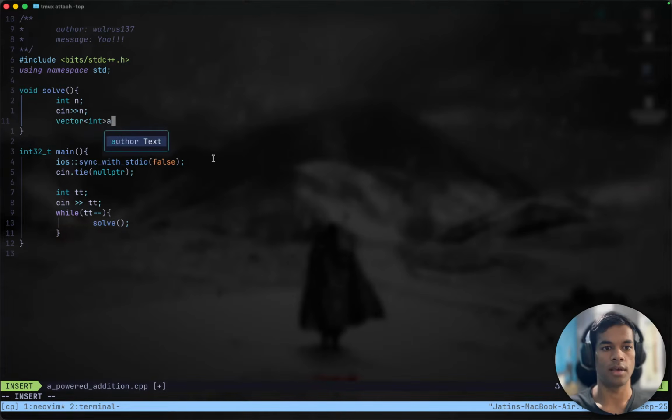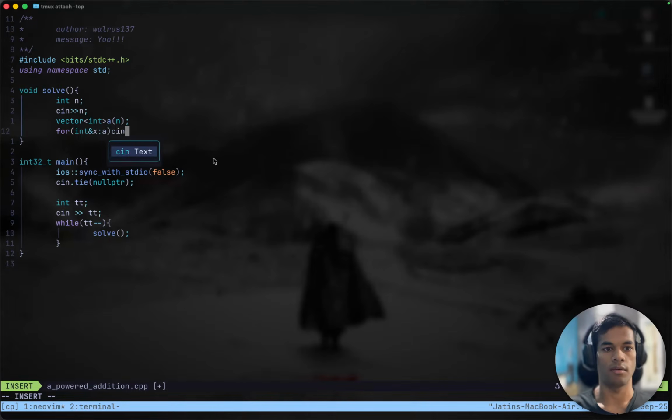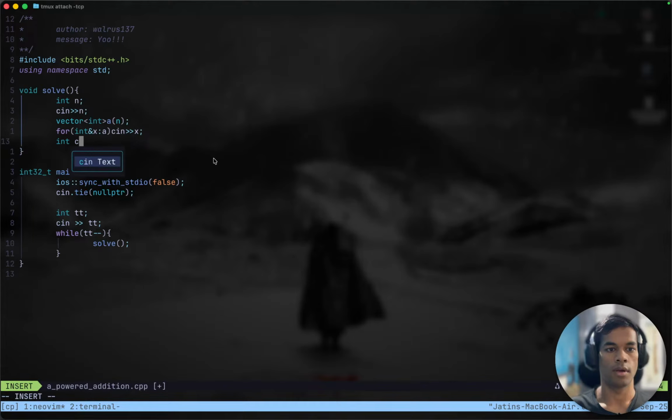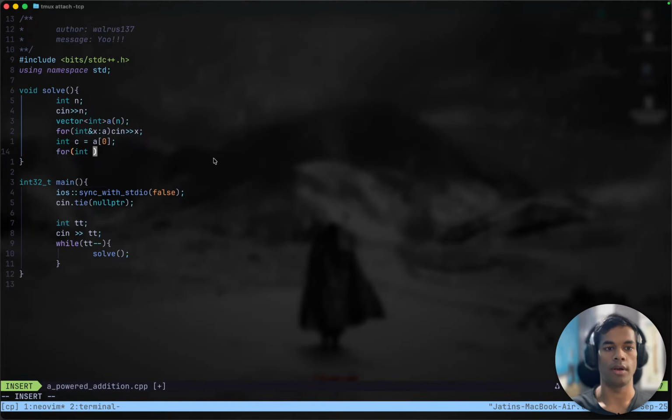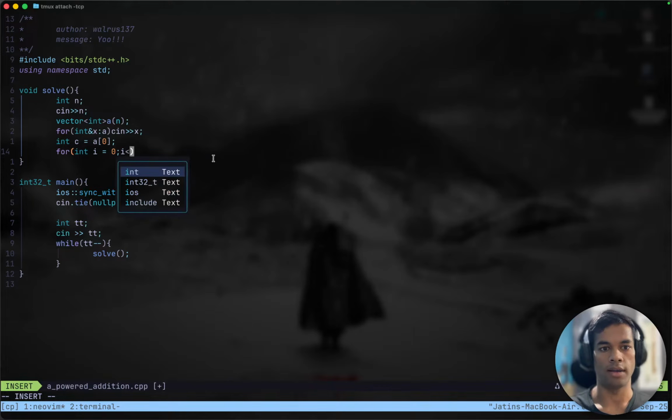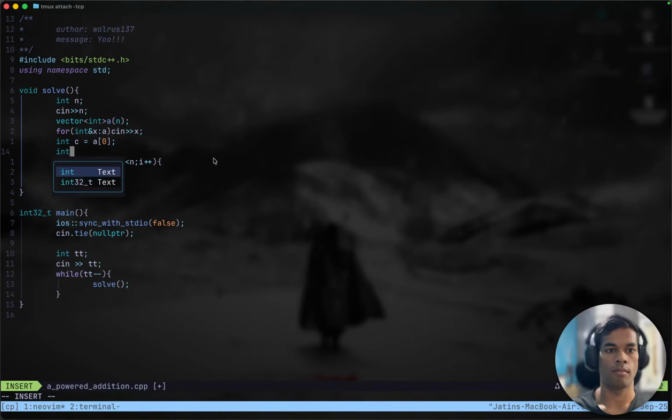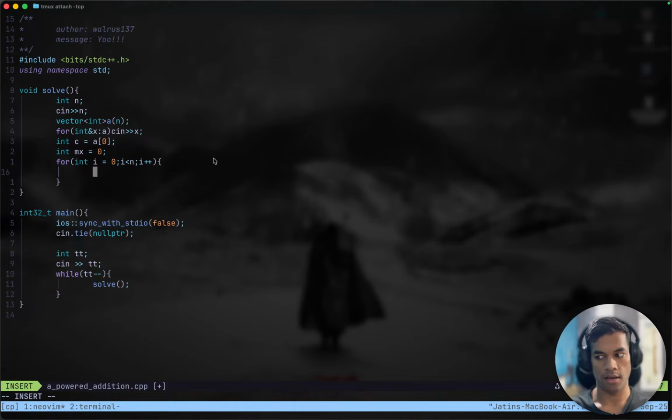Vector int a of size n, for int reference a. int c equals a[0], for int i equals 0, i less than n, i plus plus. int mx equals 0. We can go up to the last element.